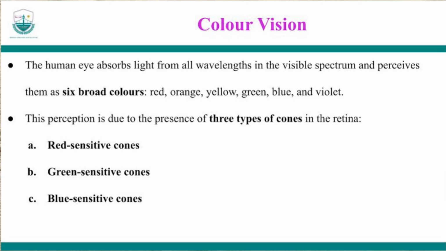So the photoreceptor cells called cones are the ones responsible for color perception. But of course, they have to be excited.